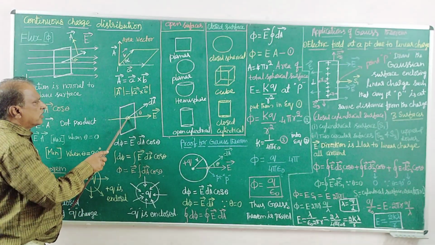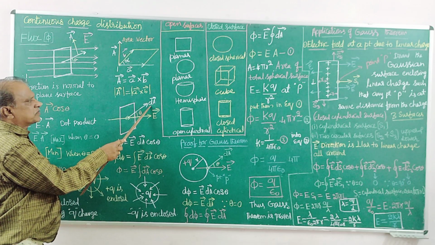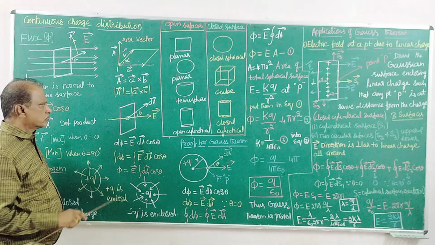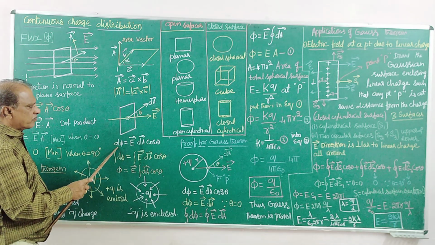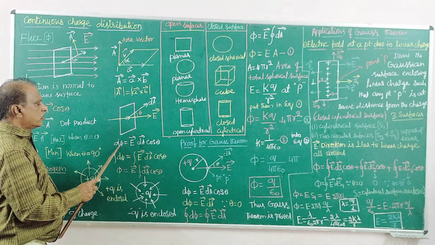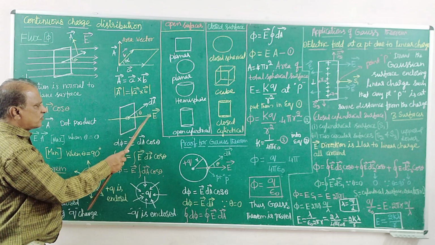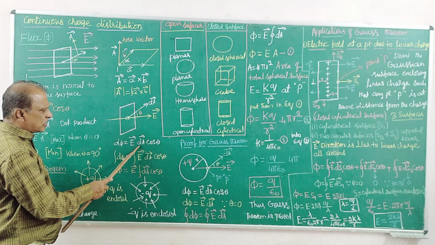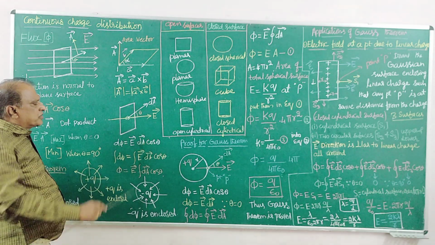The area at the point is taken as an infinitesimal area dA. Then the flux is also infinitesimally small: dΦ equals E into dA into cos theta. That is a differential equation.